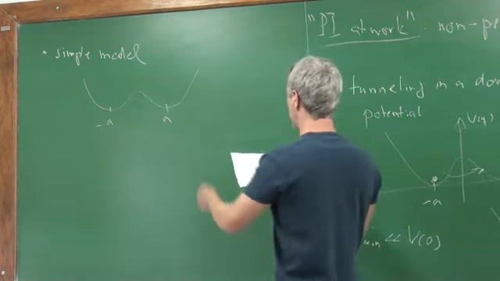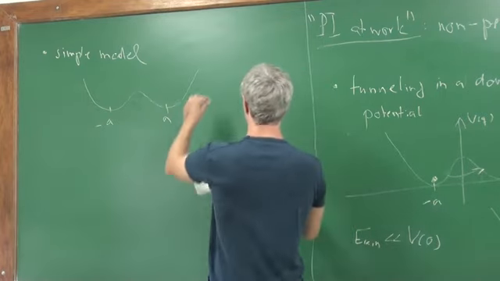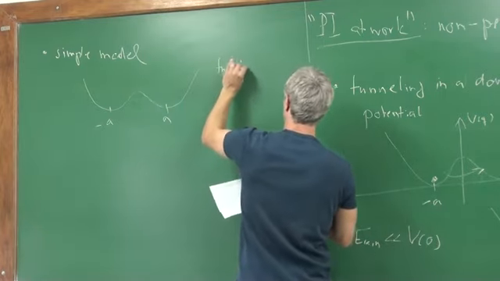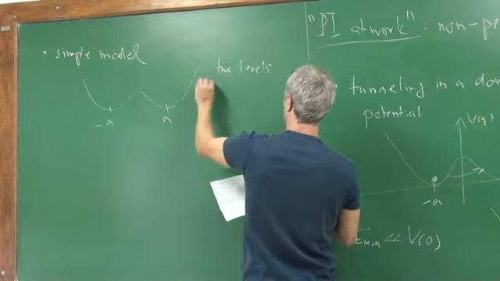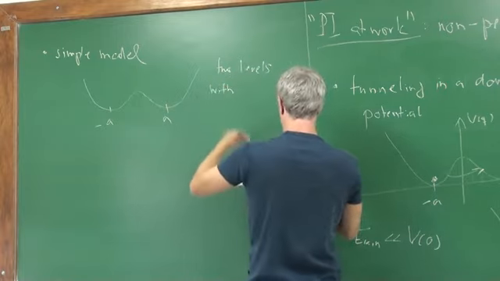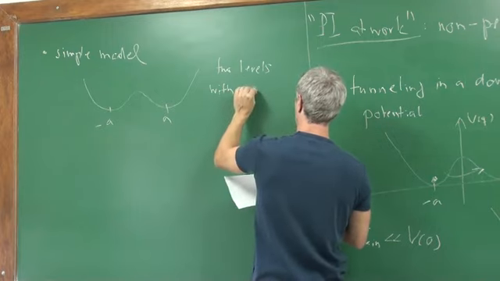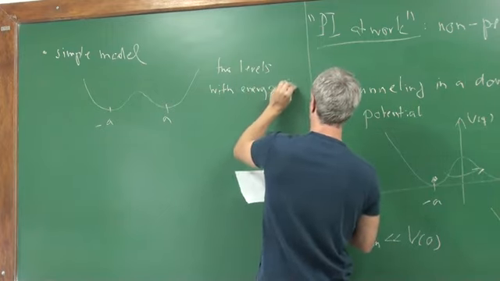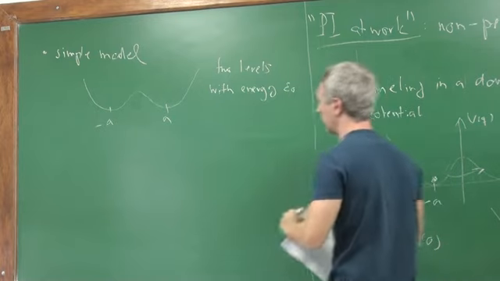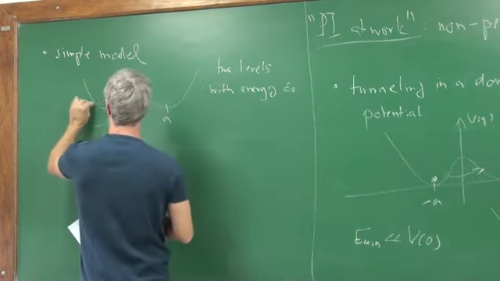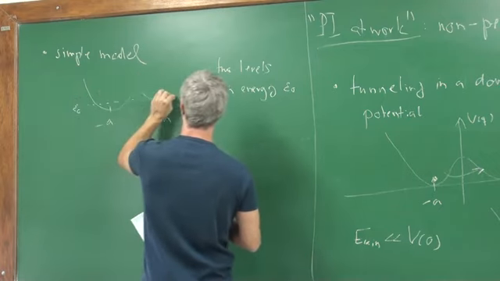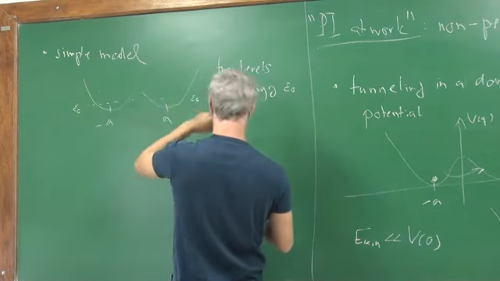So let's consider just two levels with energy epsilon 0. So this is a symmetric potential. We have here two energies, epsilon 0, which are the same.